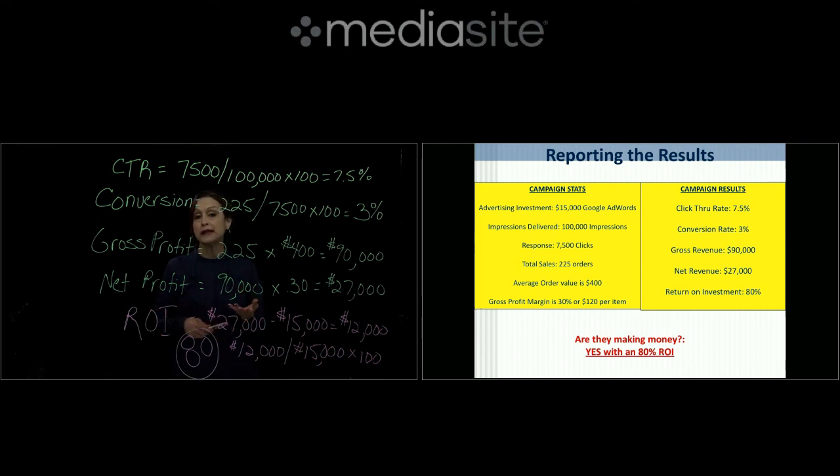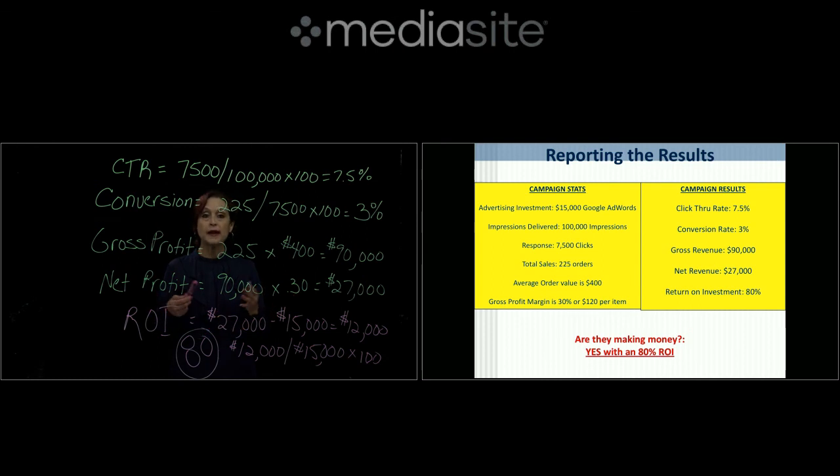The impressions delivered were 100,000 impressions. The response was 7,500 clicks. Sales resulted in 225 orders. The average order value is $400. The gross profit margin is 30%.